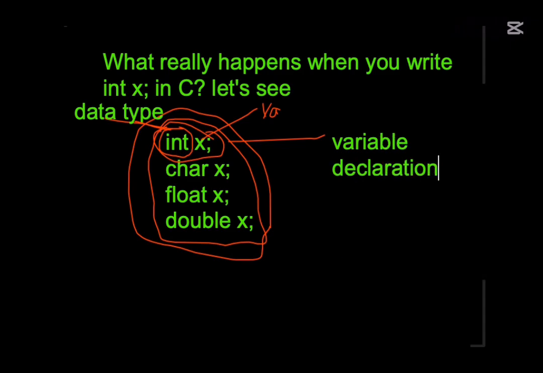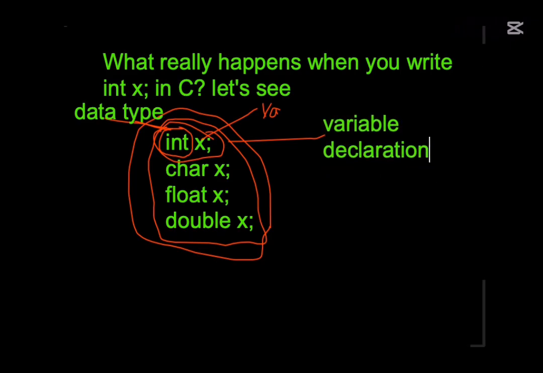So variable declaration, and what does that mean? That actually means you are trying to book a space in the memory. That's what it means when you're trying to reserve a space in the memory. That's what variable declaration is. So when you write something like this, you're trying to tell the compiler that I'm going to need a space.